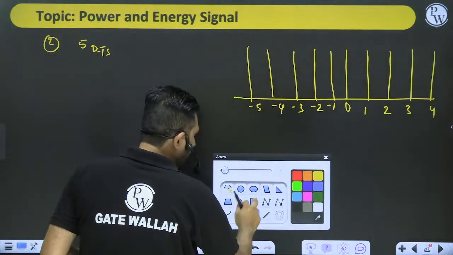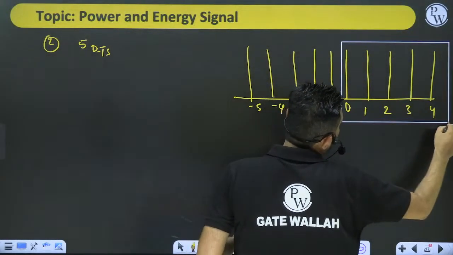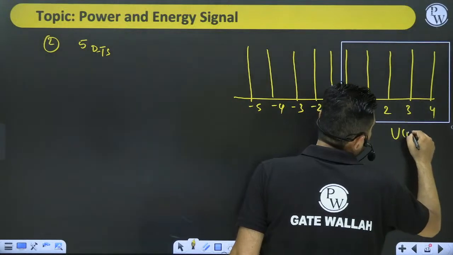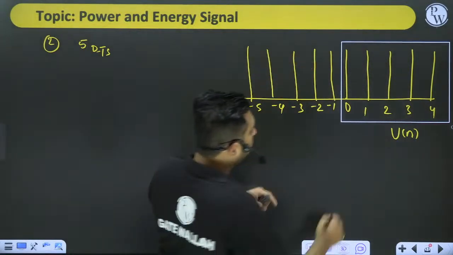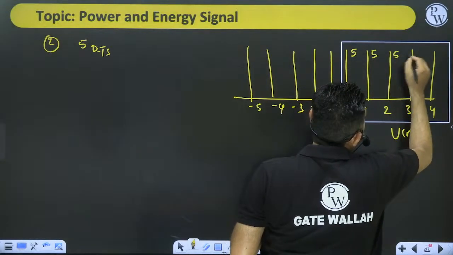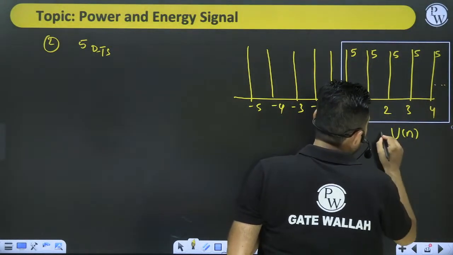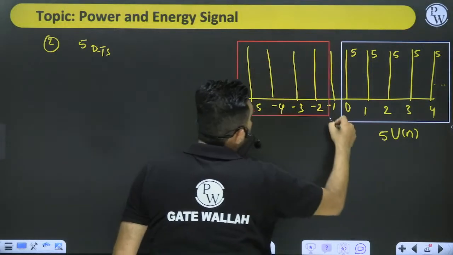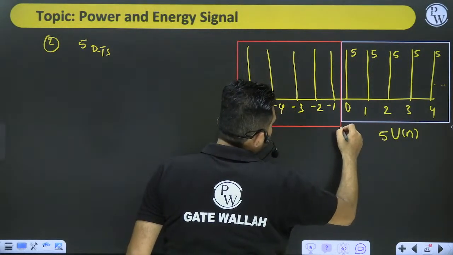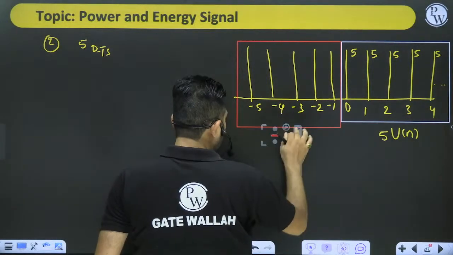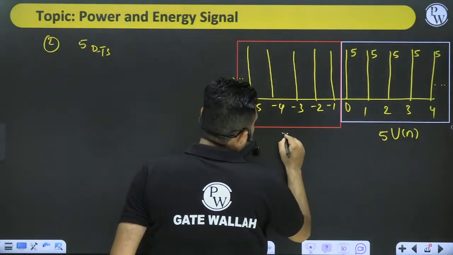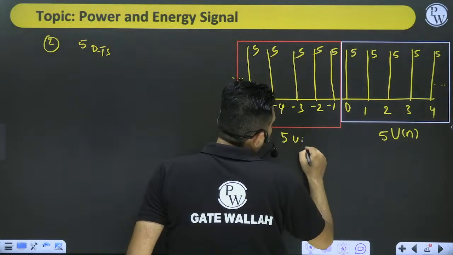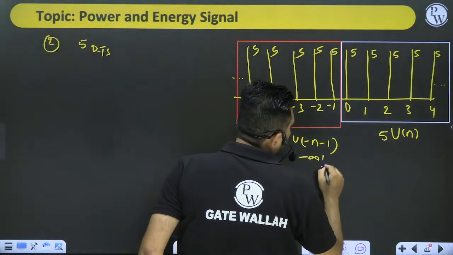So what I want to say is that up to this part you will write it as 5 u[n], and if it is 5 everywhere, then up to the other part you will write it as 5 into u[-n-1], with the limit from minus n to minus 1.